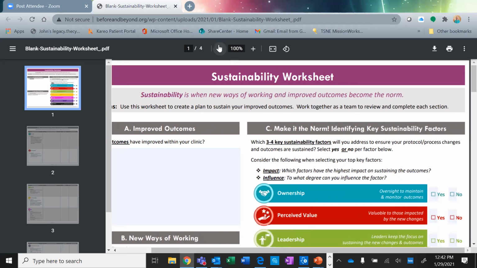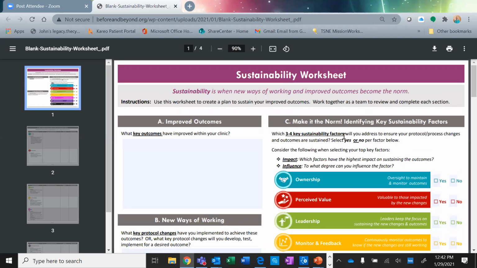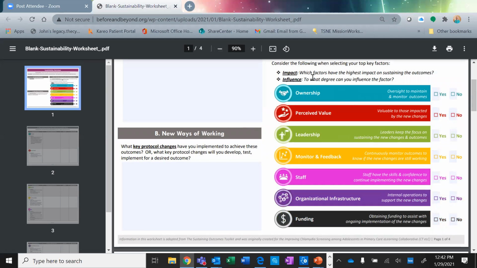These are the factors, okay? So thinking about the 3 to 4 and putting a yes or no, thinking about impact and influence, all you have to do is go through here and check: yes, we want to do that, or no, we're not ready to work on monitoring feedback yet. That's in the future, or maybe next quarter.